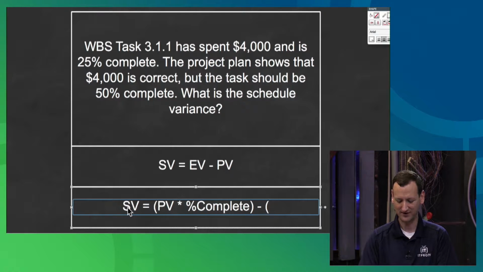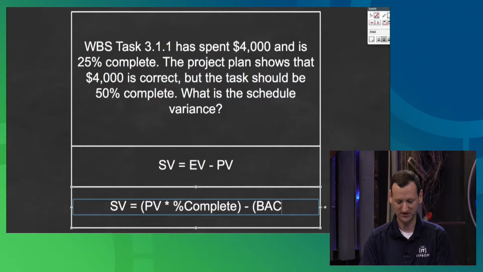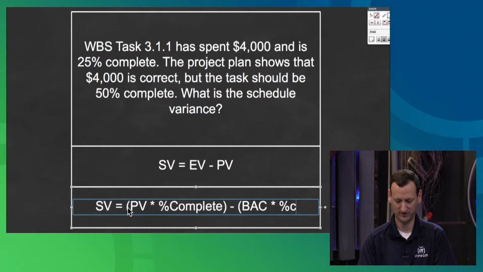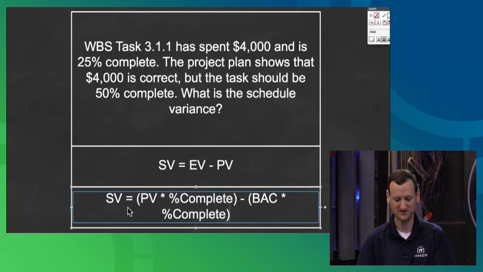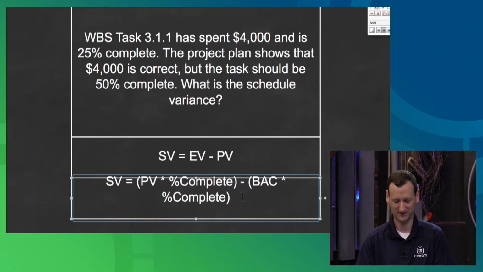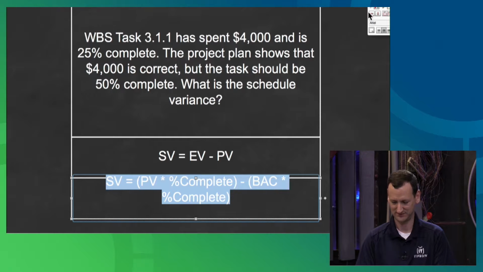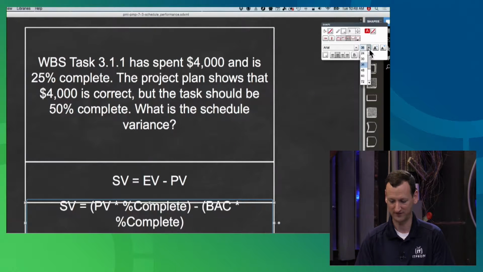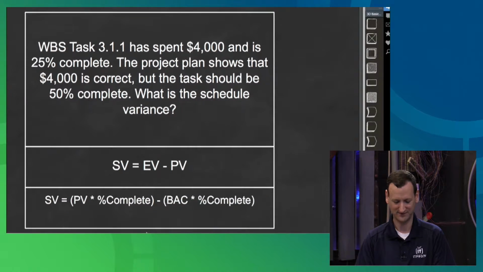And my planned value is my budget at completion times percent complete, which would really be 100% if it were the end. But in this case, we're doing at this particular point in time, so we'll use that information. So now this formula becomes a lot more complex. In fact, it's complex enough that I've got to shrink my font so this will all fit. There we go.